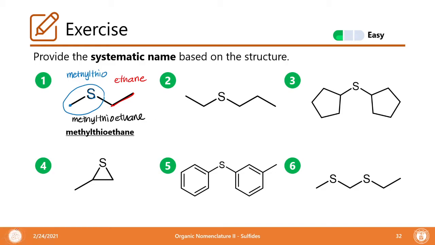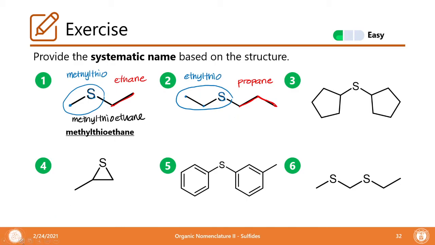Let's look at the next one. We have 1, 2, 3 as our longest chain, so this is a propane. Now let's look at the substituent. We have 2 carbons here, ethyl, and then connected by a sulfur atom, thio.